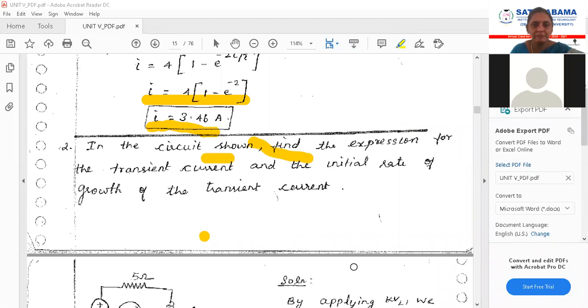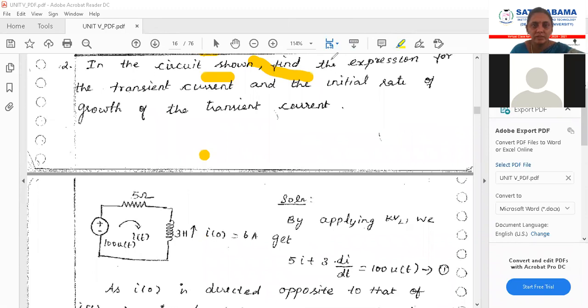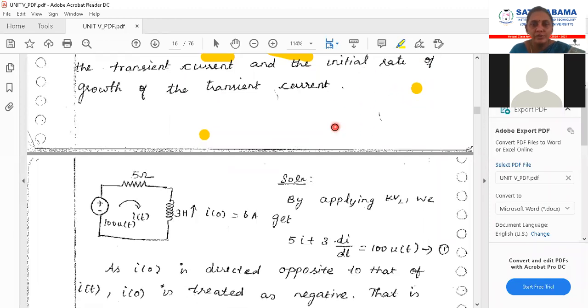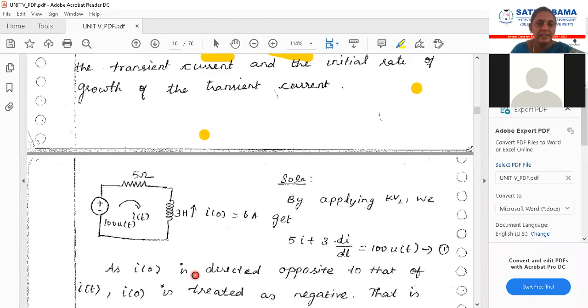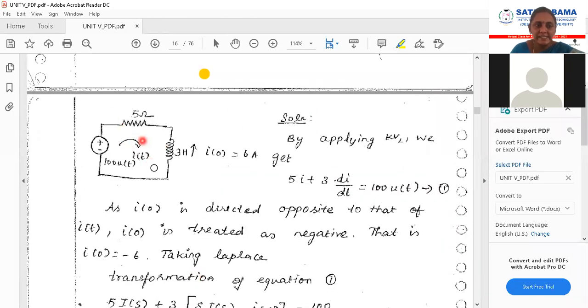In the circuit shown, find the expression for the transient current and the initial rate of growth of transient current. Now, if you see here, they have asked you to find the expression for the transient current. They have given you the RL circuit. So the resistance value is 5.